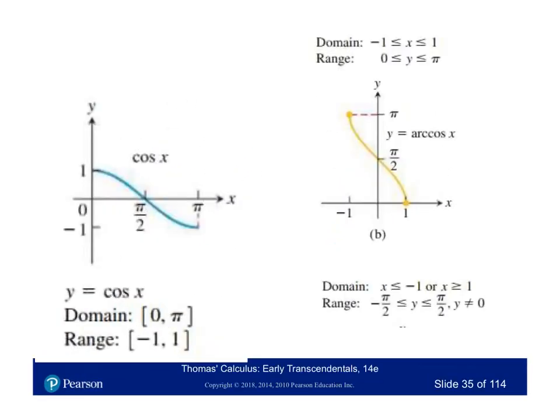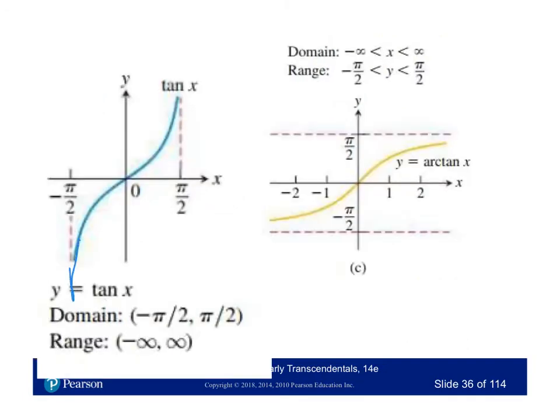The cosine graph, so here's your primary domain from 0 to pi. So from 0 to pi becomes my range of my arc cosine graph. Likewise, my range from -1 to 1 became my domain -1 to 1. And then the tangent is asymptotic, so it goes like that forever. So my domain from -pi/2 to pi/2 becomes my asymptotes.